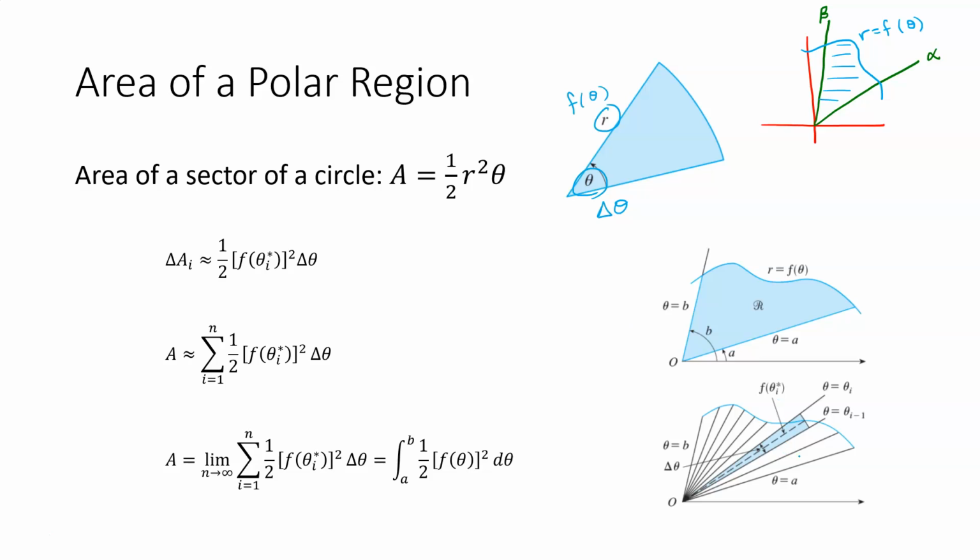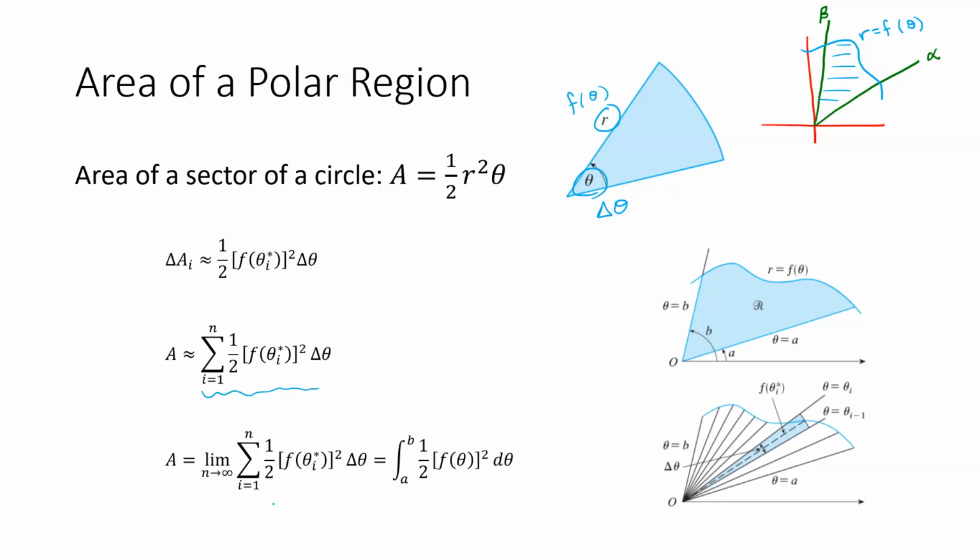And then we'll sum up the area of the whole region by summing up all of these approximating sectors, and then taking the limit as the number of those sectors goes to infinity. It approaches this integral from a to b of 1/2 f of theta squared d theta.